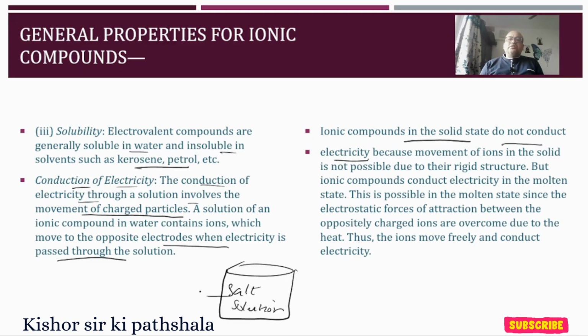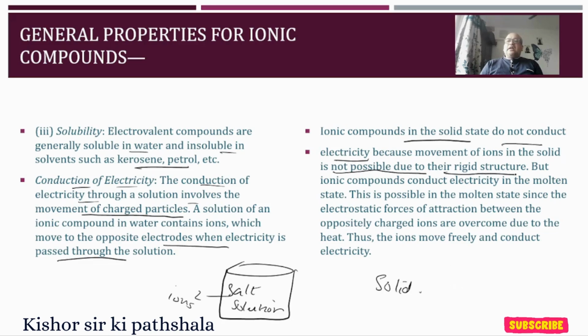Why? Because ions are formed, that we need to remember. But what happens in the solid state? In the solid state, there is no movement. Movement of ions in the solid state is not possible due to the rigid structure of the ionic compound.